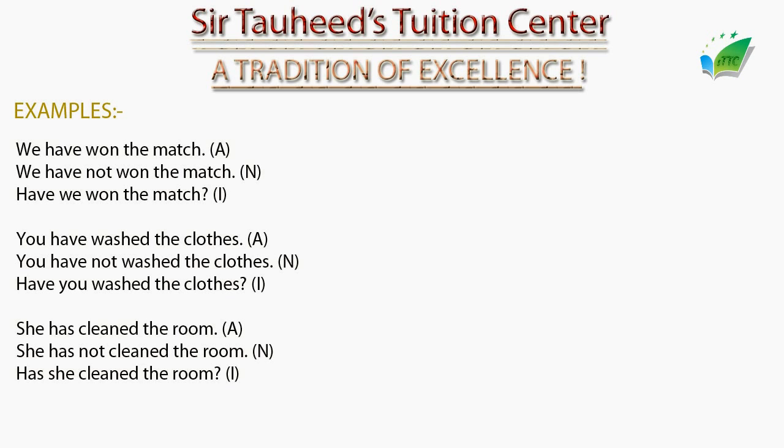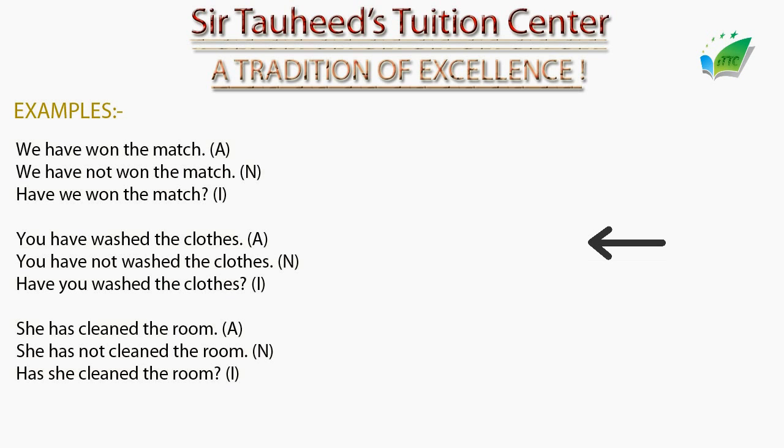The next example is, you have washed the clothes. This means that you have already washed them. Now the process of washing the clothes is stopped and they are already washed now. And this is an affirmative sentence. To make this a negative sentence, we need to put only not after helping verb. Here the helping verb is have.